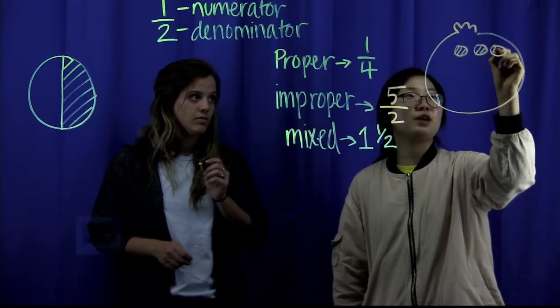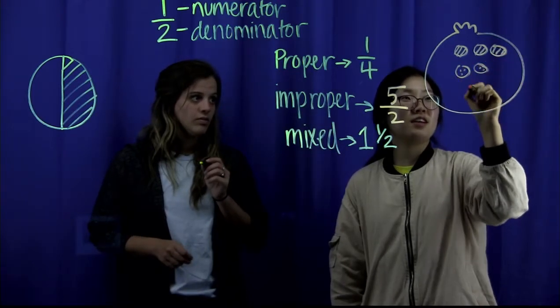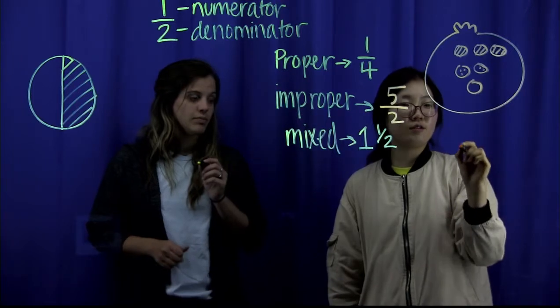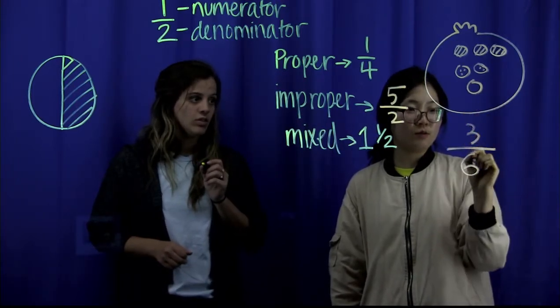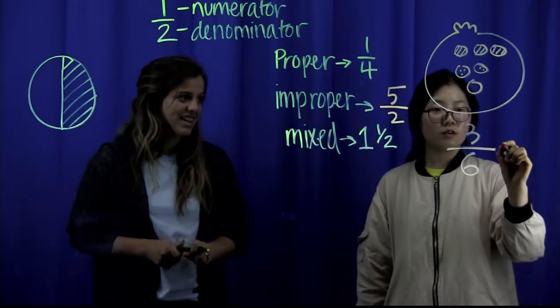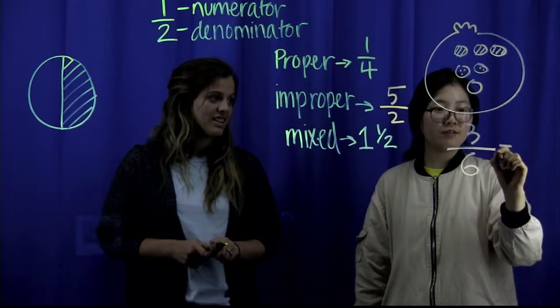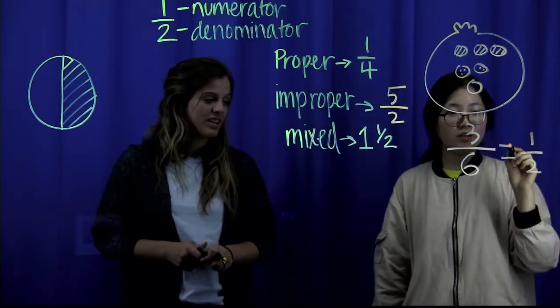Let's say this is red, this is blue, and this is green. We have 6 marbles and 3 of red marbles, so we can represent like this. Or we can simplify it, same as 1 and a 2.